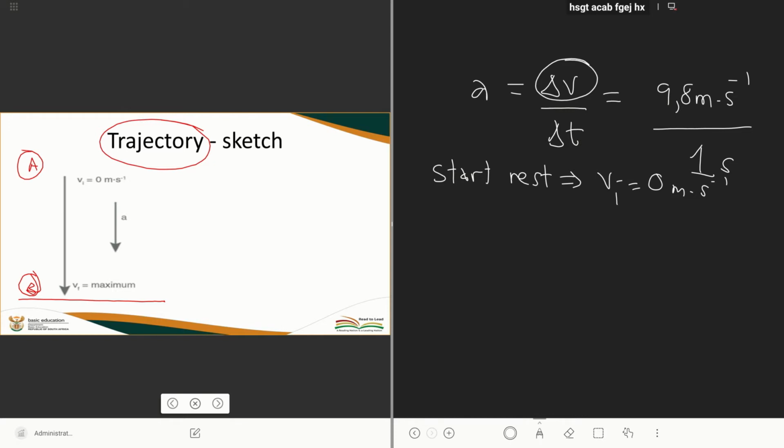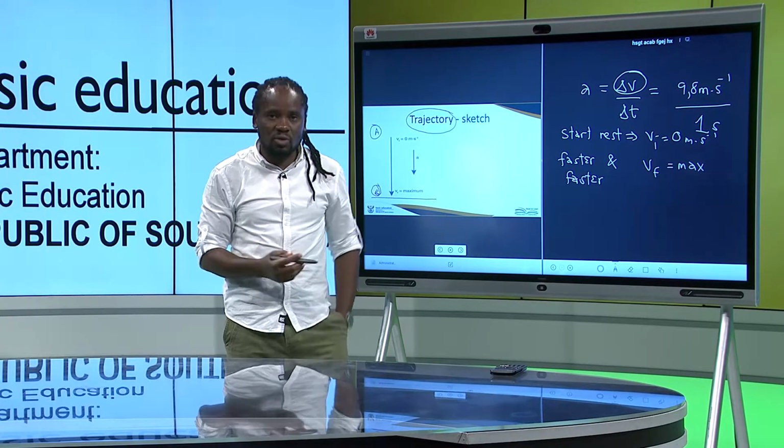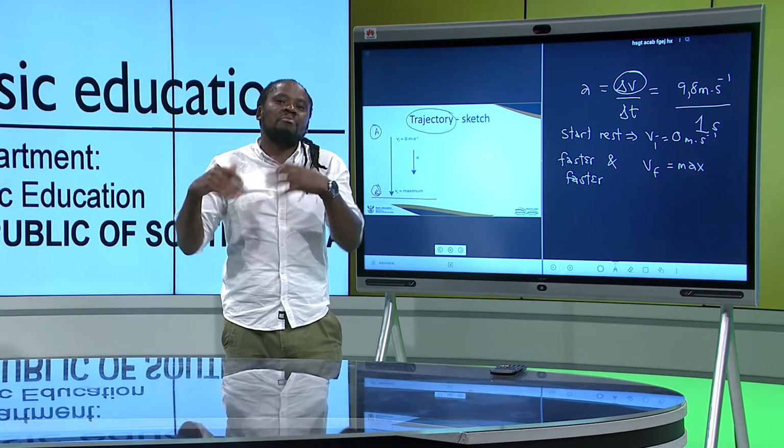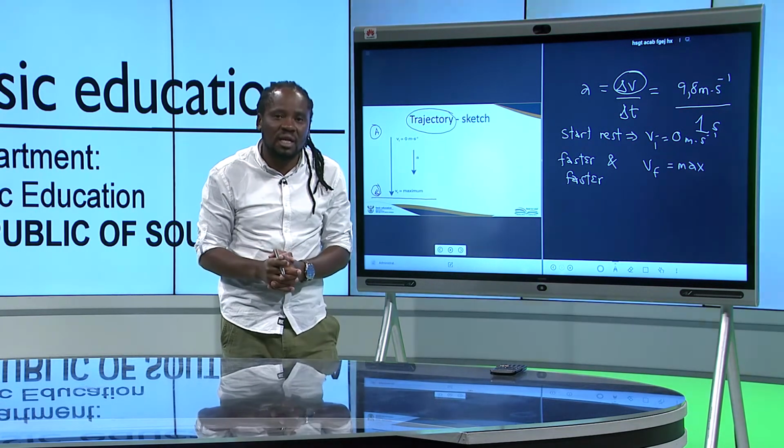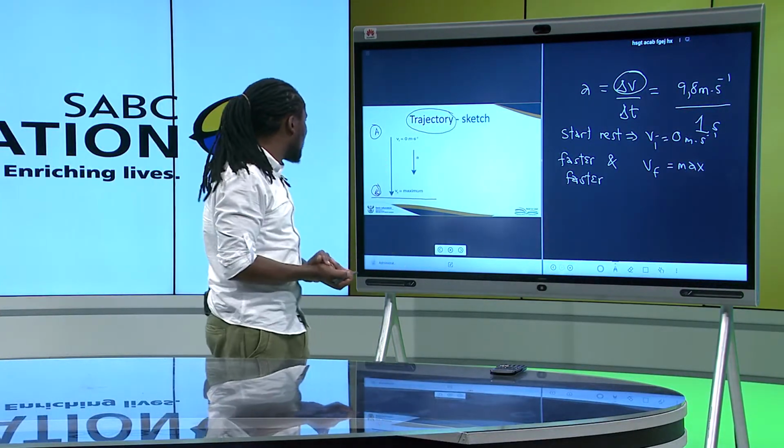Faster and faster suggests that the final velocity of this object will be maximum, because it's moving faster and faster as we have justified, since it undergoes uniform acceleration. So the magnitude of velocity gets bigger and bigger, depending on how far down it travels. The trajectory gives us a better understanding of the scenario as far as the motion of the object is concerned, right?